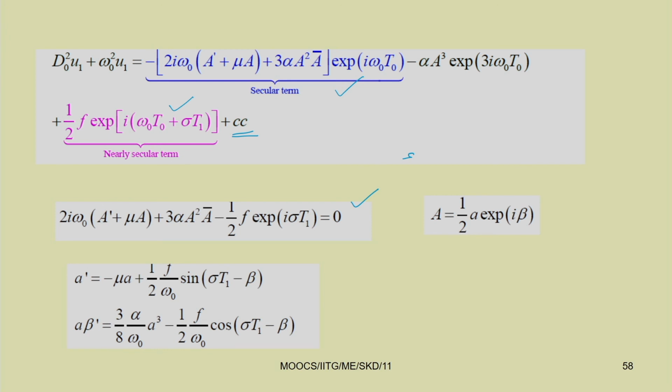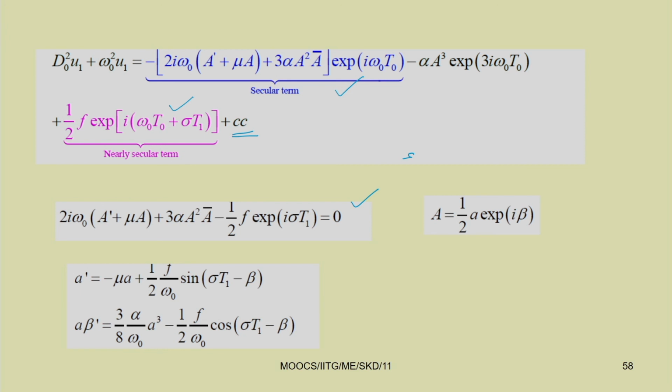So, this term multiplied by e to the power i omega 0 t 0 equals 0. The exponential function cannot be 0; only as t tends to infinity will it become 0.